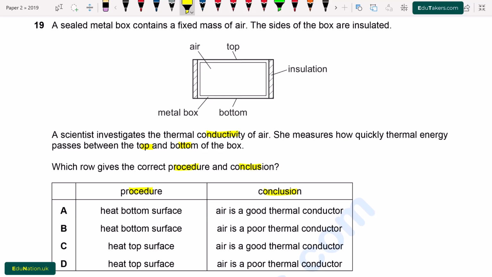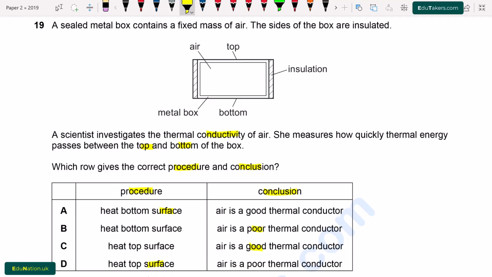Option A, heat bottom surface, air is a good thermal conductor. B, heat bottom surface, air is a poor thermal conductor. Option C, heat the top surface, air is a good thermal conductor. D, heat top surface and air is a poor thermal conductor.